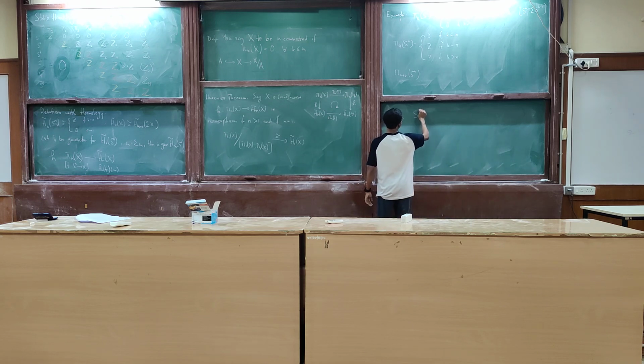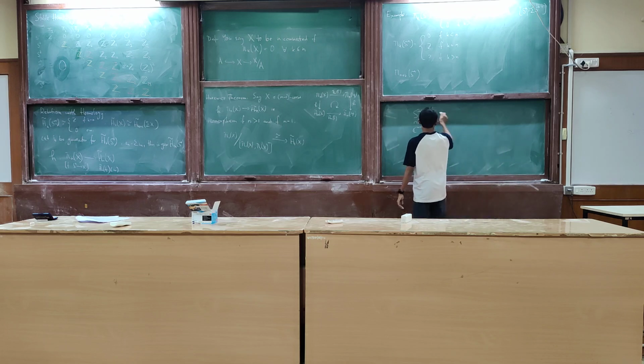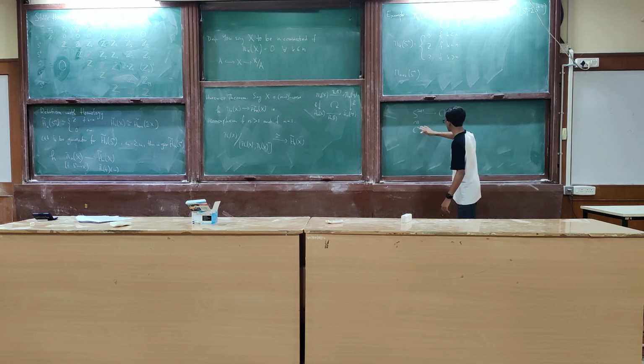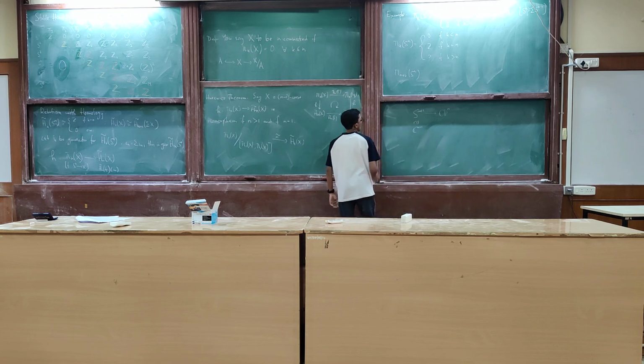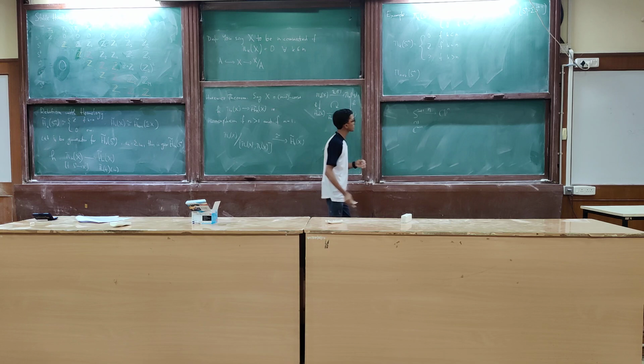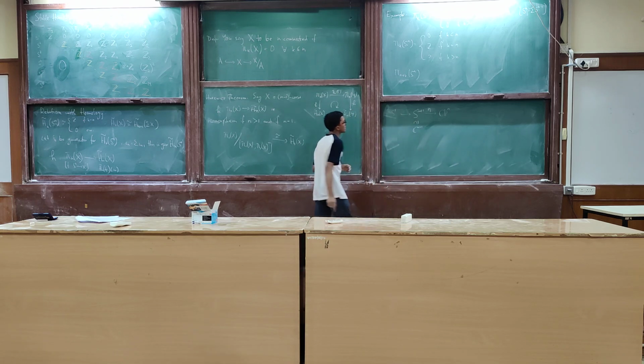If you have S^(2n+1), this sits inside C^(n+1). And CP^n comes from quotienting out this guy, so C^(n+1) minus 0. If you look at those, you have a natural map from S^(2n+1) to CP^n. If you look at the fiber, these are just S1.